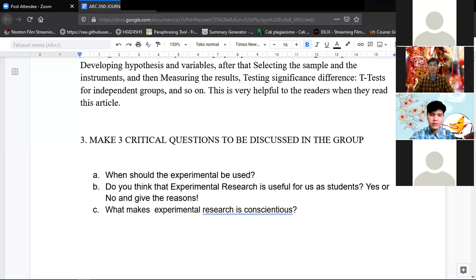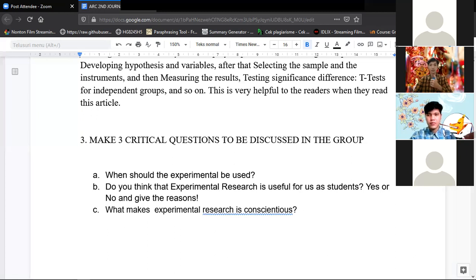So we use experimental research, and it makes another outcome: teacher-centered learning forces students' autonomy.